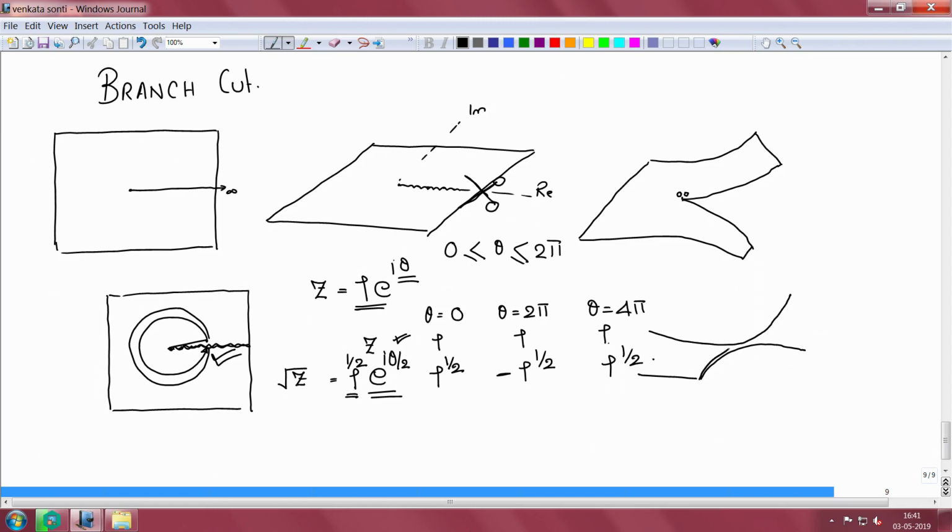They have to be connected. This is my lower plane, that is my upper plane. Okay. And this point is infinity, and let this point be the origin.